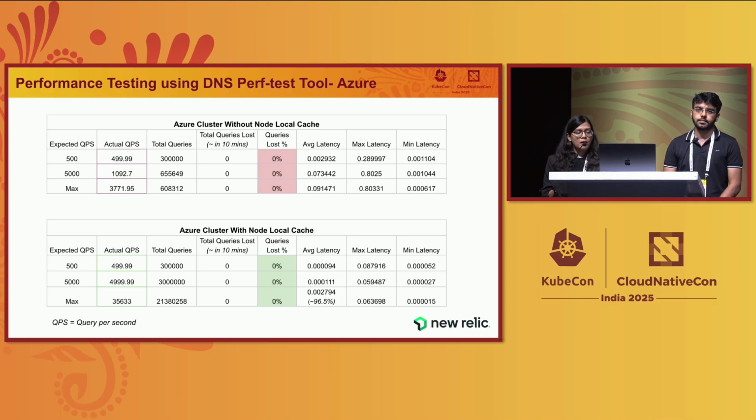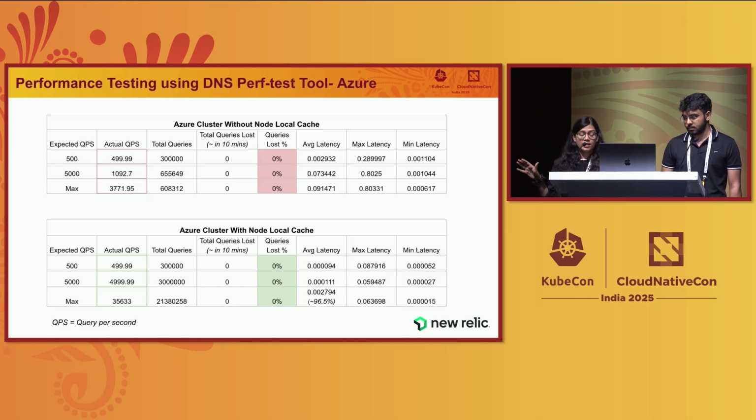But still, let's compare both the tables and see what difference this cache is making. Let's follow the first table. For 500 QPS, the average latency is approximately 0.002 and it increased to 0.09 for maximum QPS. Now coming to table 2, which is the Azure cluster with the cache, we saw the value decrease for 500 QPS to 0.00009.